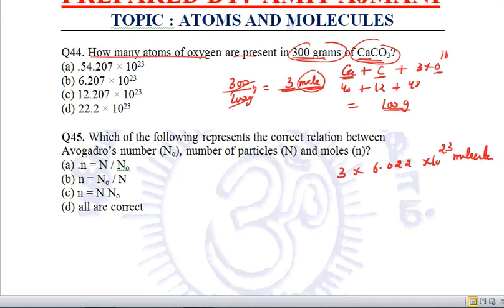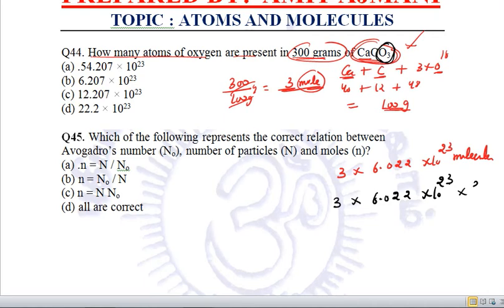Now important part comes. When we see calcium carbonate, in 1 molecule the number of oxygen atoms is 3, right? Which means that 3 into 6.022 into 10 to the power 23 molecules will contain how many oxygen atoms?